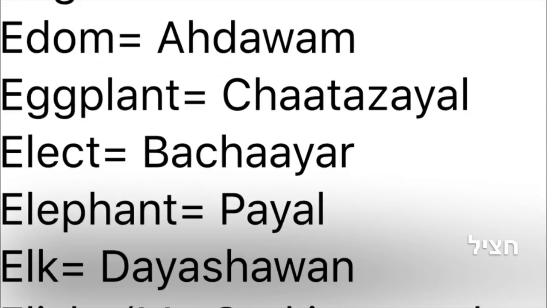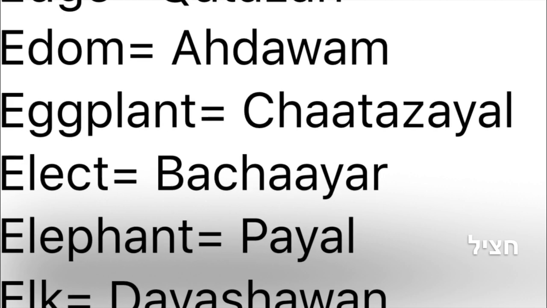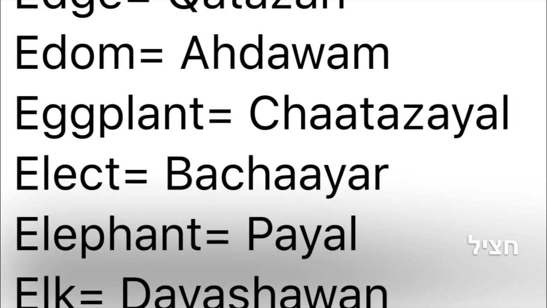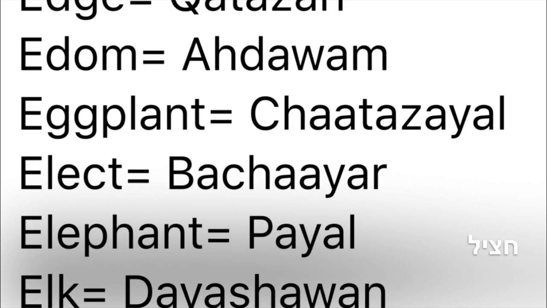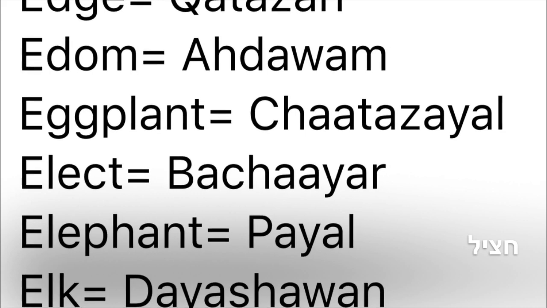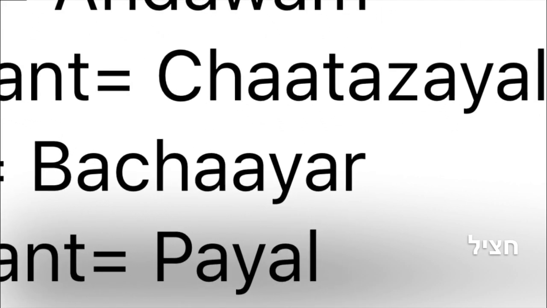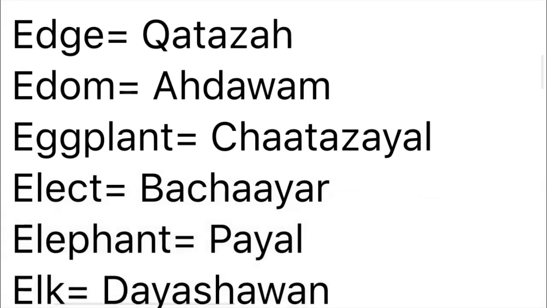For example, the entry for eggplant, Hatsīl. Now, that's just the modern Israeli Hebrew word Hatsīl. I challenge anyone to find that word in reference to eggplant in a Hebrew text before the 1800s. The reality is, it was coined by Avraham Luns in the late 1800s as the modern Hebrew word for eggplant.